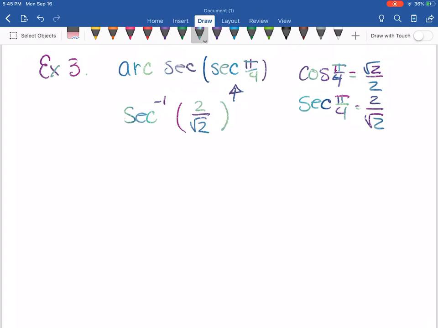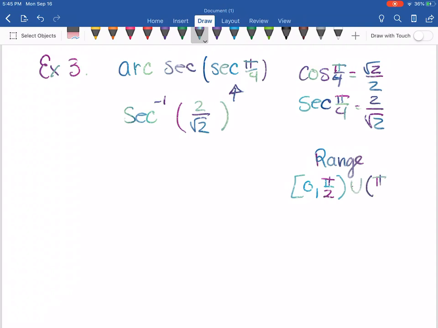Now, for inverse secant, our range is going to be from 0 to pi over 2. We're going to skip over pi over 2 because inverse secant is undefined at pi over 2. There's an asymptote.